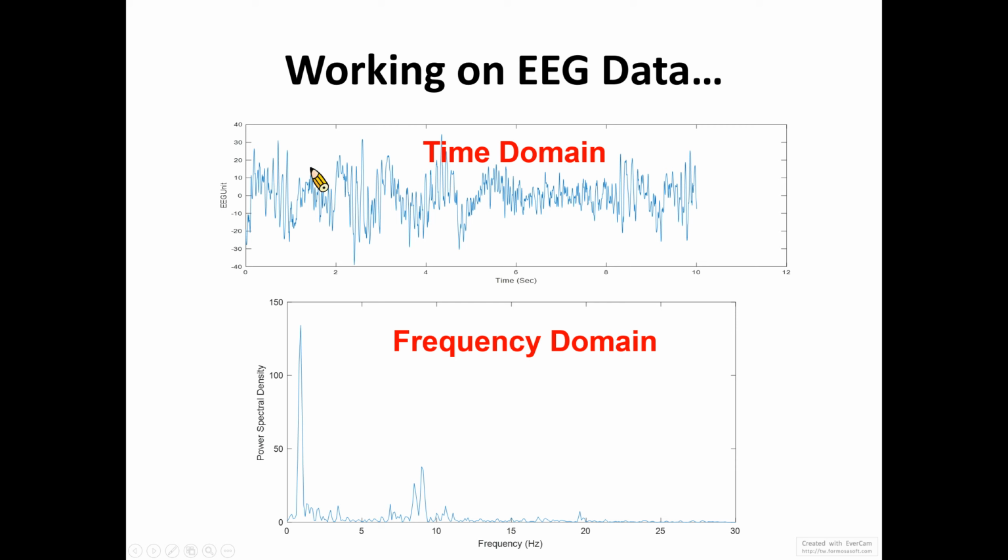Immediately you can see that there are some oscillations in this time domain data, which is the real EEG signal. Then using the Fourier transform, we can identify that this oscillation is around 9 Hertz.